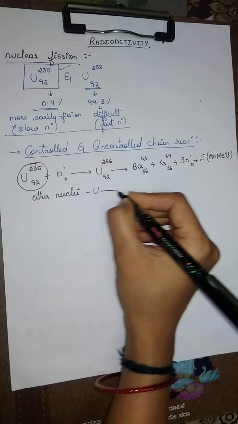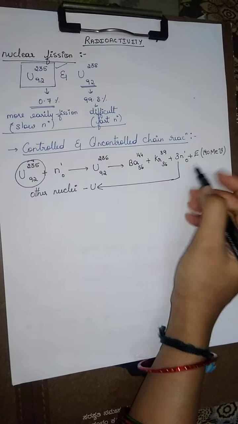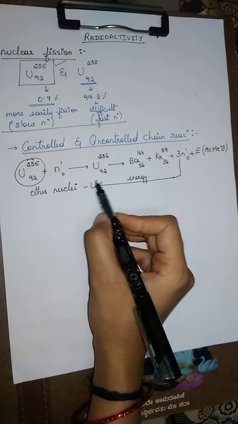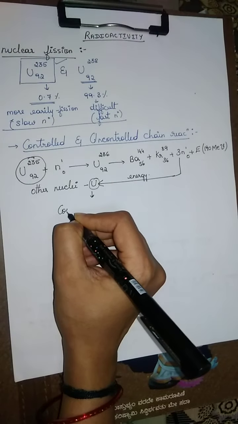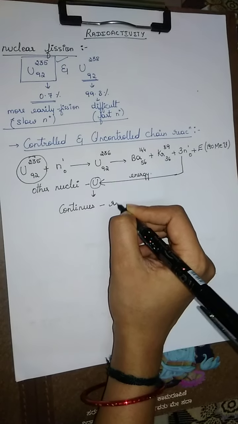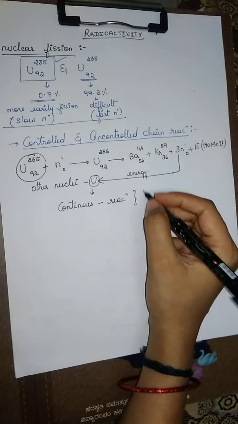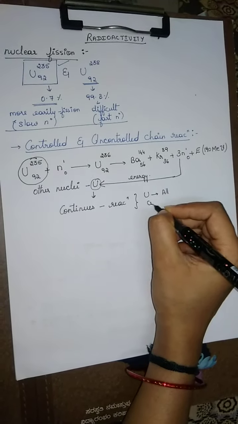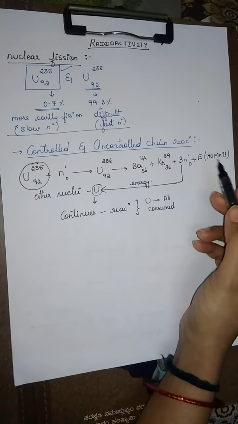The uranium absorbs this neutron and continues with the reaction. It continues until all the uranium is consumed, so this occurs one after another.